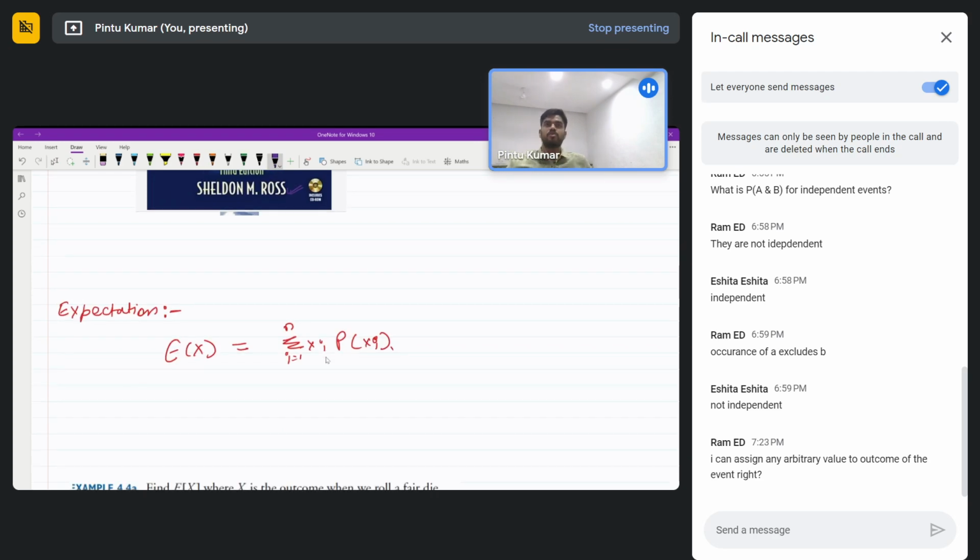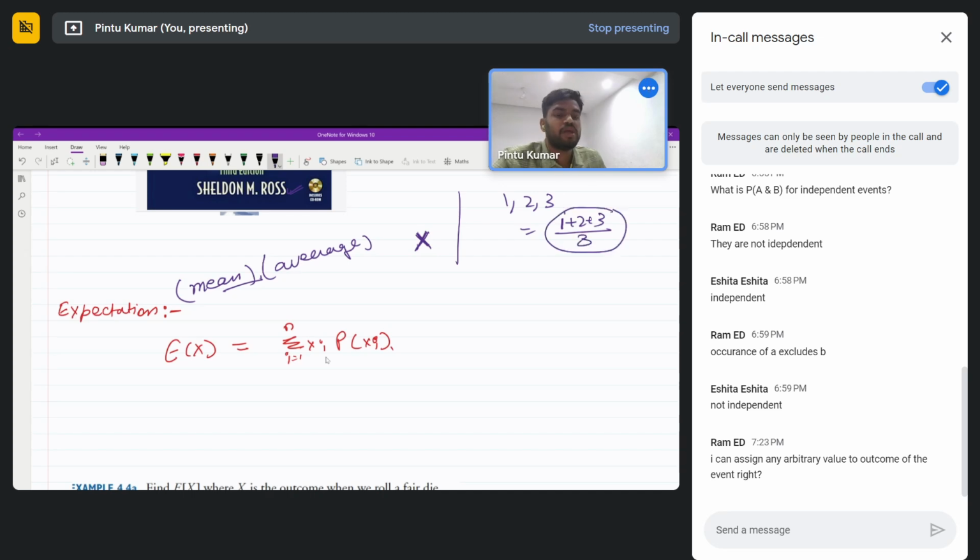So now we go to something known as expectation. This is also called the mean, or average. So if you have some random variable, when you talk of average, let's say you want to take the average of the numbers 1, 2 and 3. What would you do? You would do 1 plus 2 plus 3 divided by 3, right?